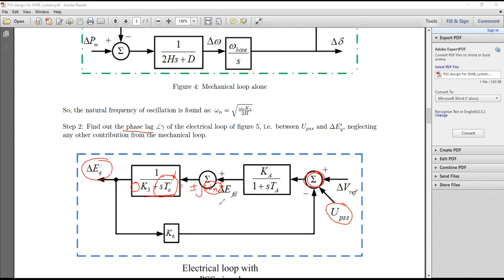Basically this was a closed loop with a negative feedback from this point through K6, and we had 2 forward transfer function blocks. We calculated it and evaluated the lag at the natural frequency of oscillation, that is omega n.